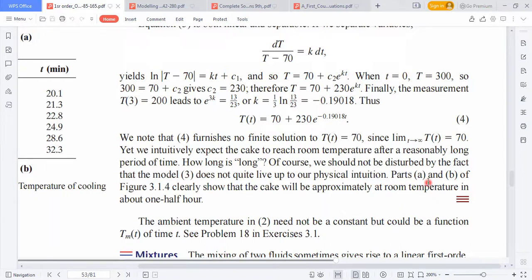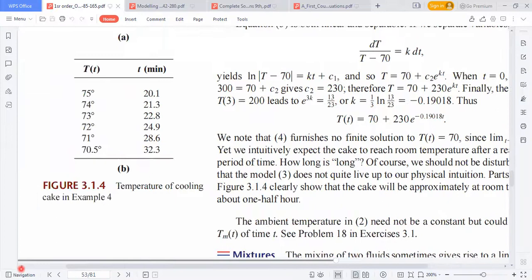Parts A and B of the figure clearly show that the cake will be approximately at room temperature in about half an hour. Using small t in different times, we get the capital T values.